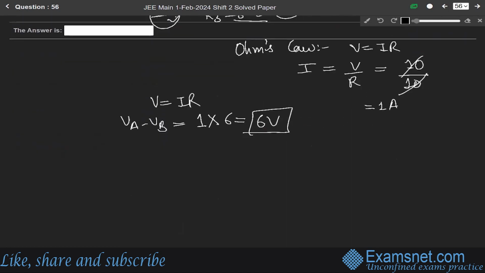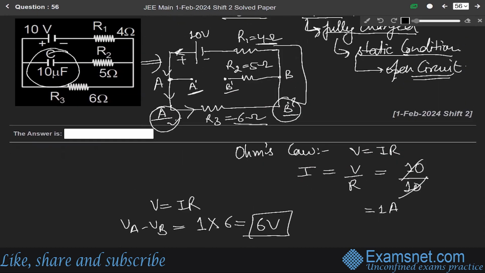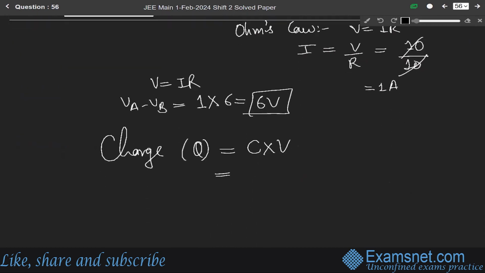Now we want to find the value of charge. We know that for a capacitor, charge Q is equal to capacitance into voltage. Capacitance is given as 10 microfarad, means 10 into 10 to the power minus 6 farad, into potential difference, which is 6 volt.